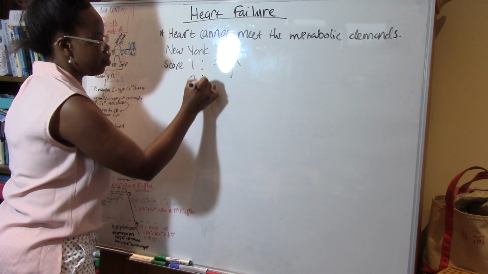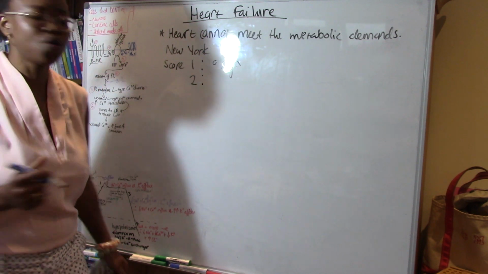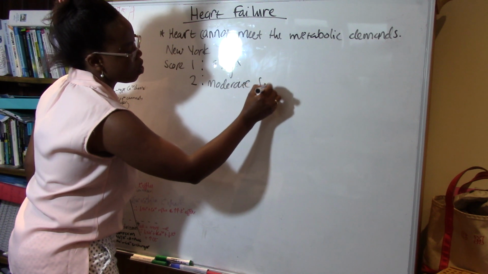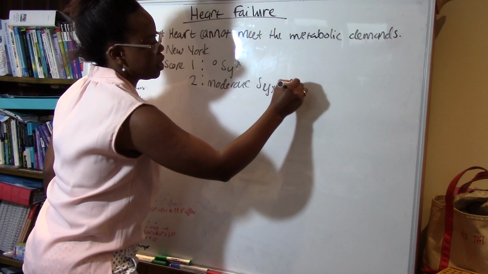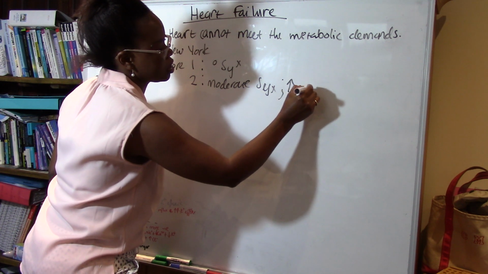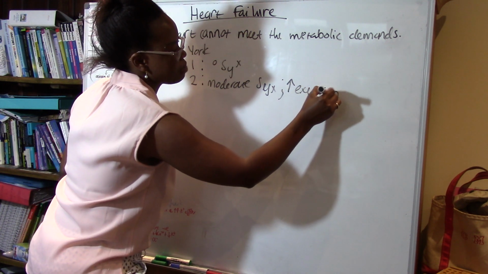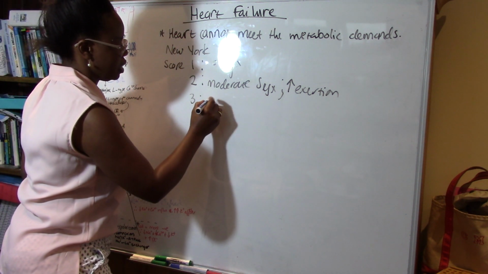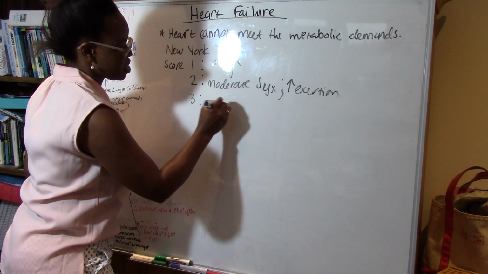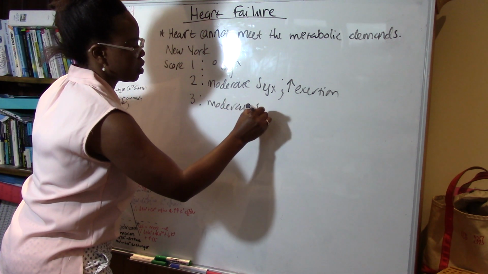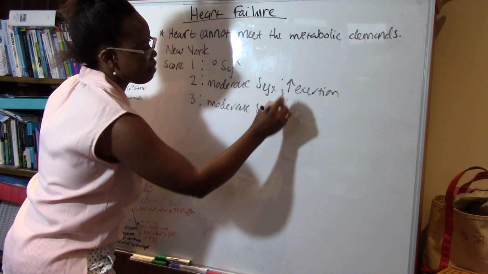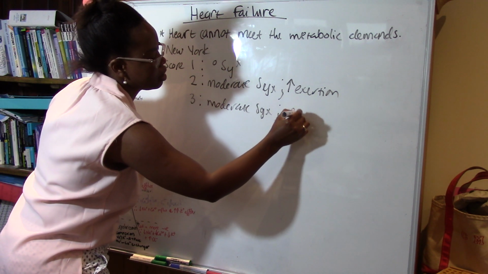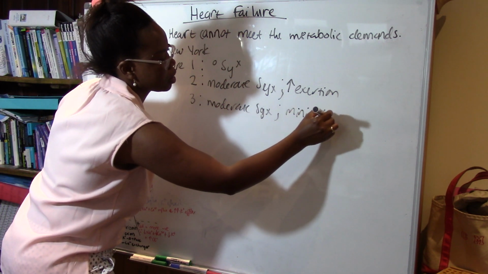And then grade 2 is a person who has moderate symptoms on high exertion, such as perhaps if they are running up the stairs. And then grade 3 again is still moderate symptoms, however on less exertion than that, say just with minimal exertion.